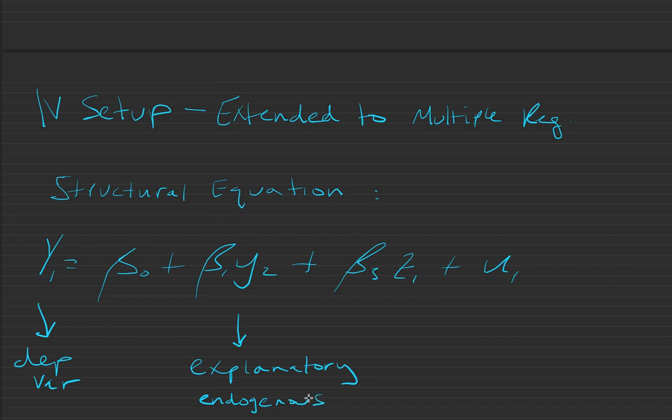That is, this explanatory variable, y2, is correlated with the error u1. We have another explanatory variable, z1, that is exogenous. So z1 is uncorrelated with u1, and u1 is our error term.